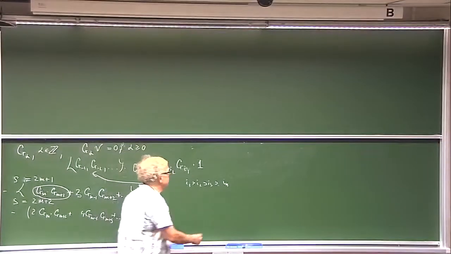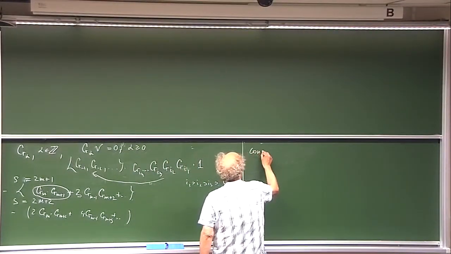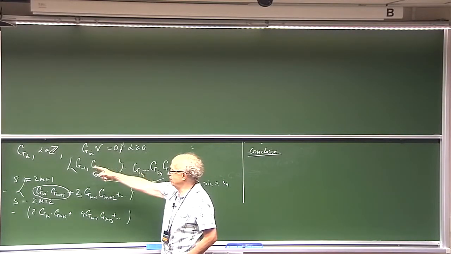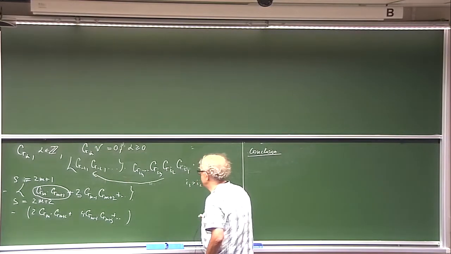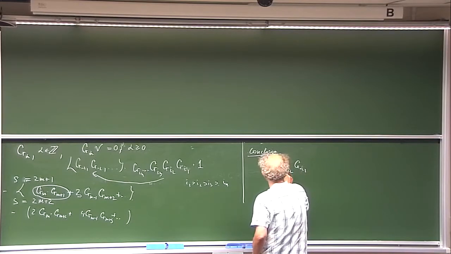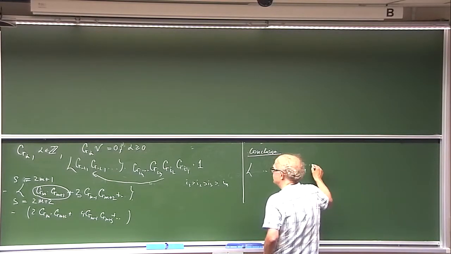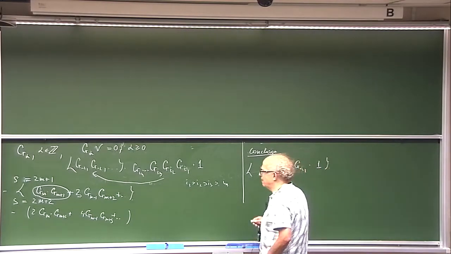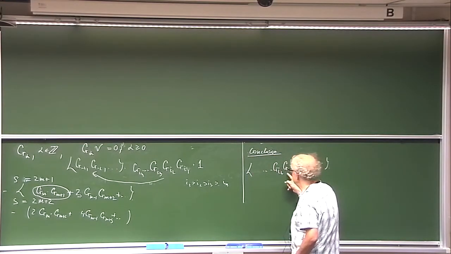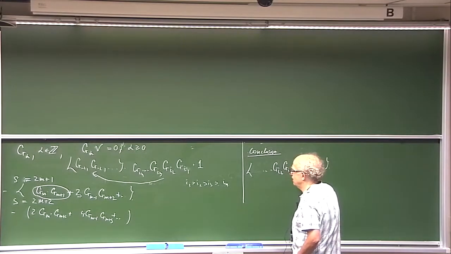Therefore, from the relation we have the conclusion that if I consider the representation which I am talking about here, then in this representation the elements G_i1, G_i2, G_i3, and so on, times the vacuum vector 1, span the space, where these indices are negative numbers, and this is the biggest, this is smaller, smaller, smaller.